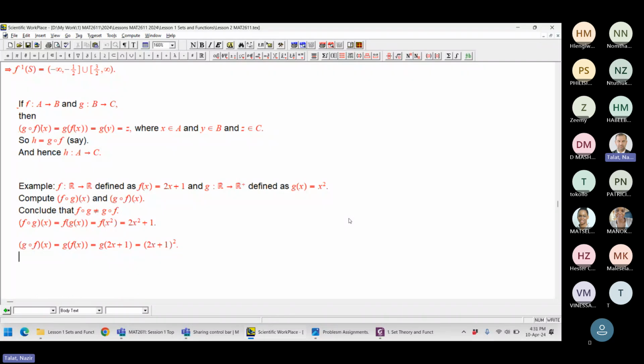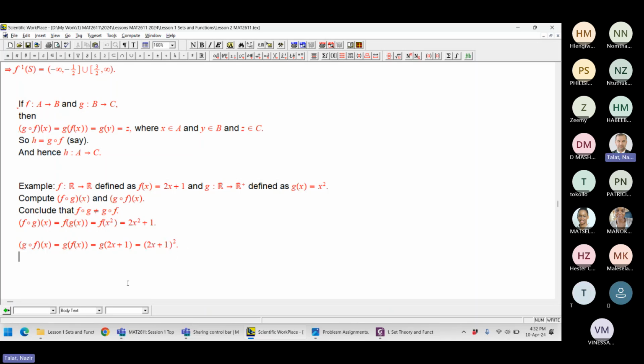Now we have two different outputs, because we notice that f o g of x is equal to 2x square plus 1, and g o f of x is equal to (2x plus 1) whole square. Both are not equal, because one is the whole square and the other is without the whole square. For instance, if we put 1 in both, the first gives us 3, and the second gives us 3 square, which is 9. So 3 is not equal to 9.